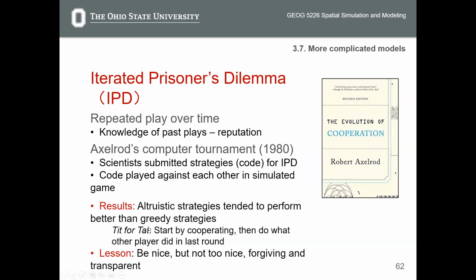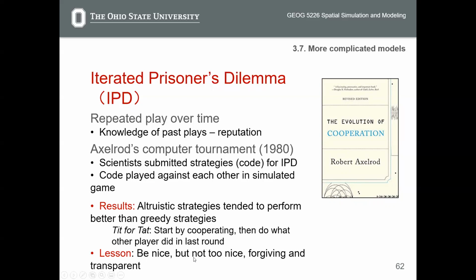There is a general guideline for your strategy in the real world, but again, it's not the real world. The general lesson here is: be nice, but not too nice, forgiving and transparent. They are all not possible in the real world. When people are competing for less punishment or higher rewards, can you be nice?